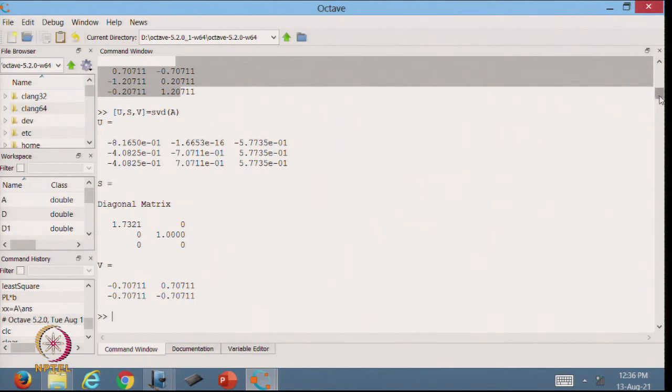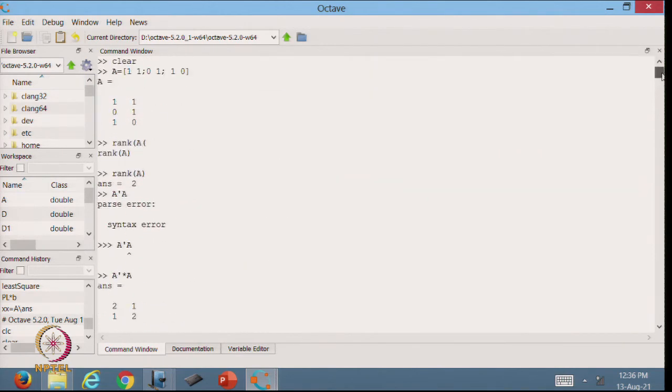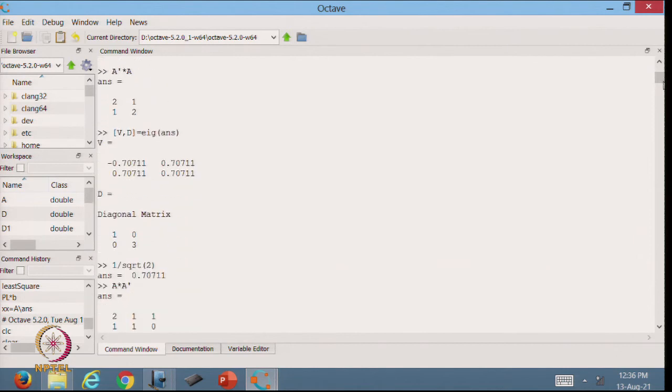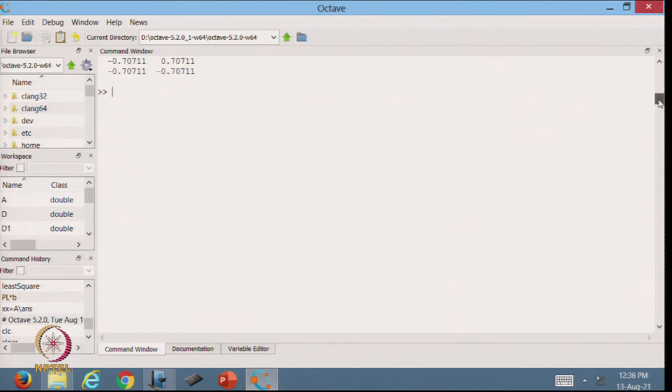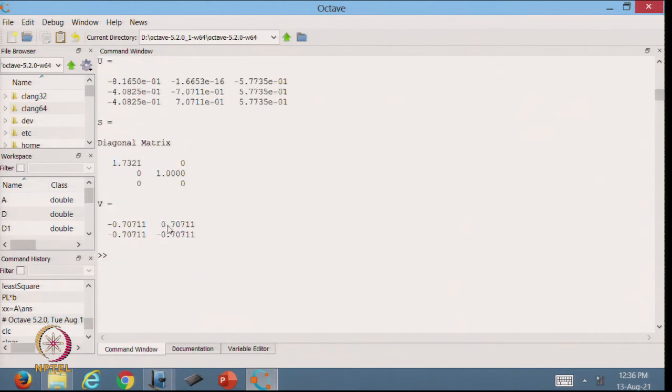So, it should be minus minus and plus minus, and they have taken the negative of that one.